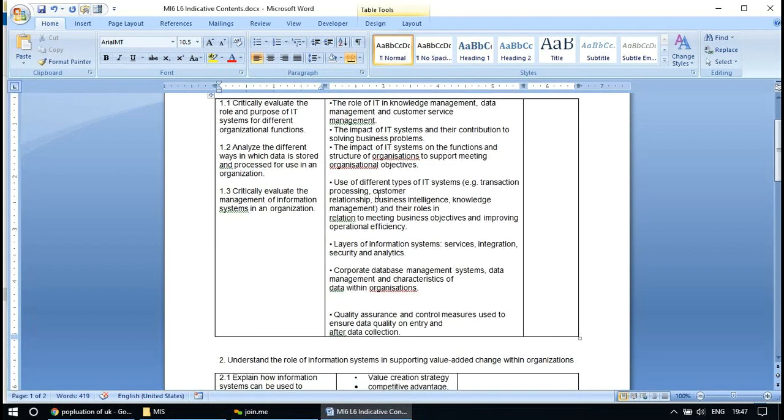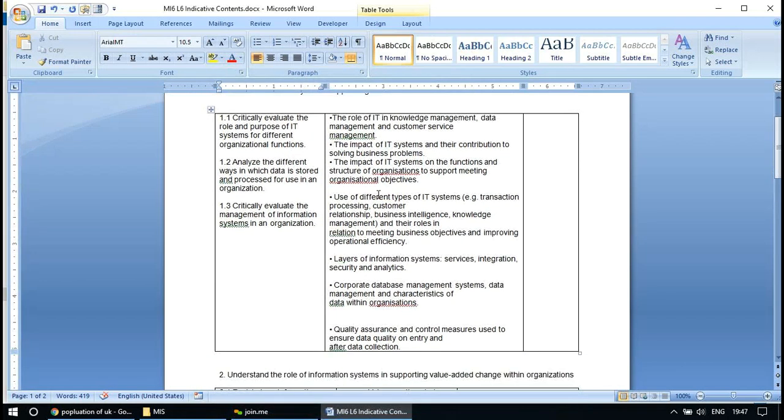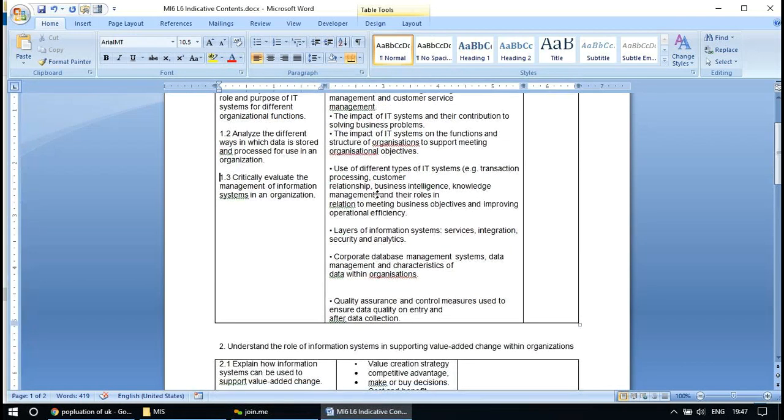In LO1 we discussed IT systems or information systems as well as databases, and we also discussed quality assurance, that is, how to evaluate the existing standards of information systems. You remember? Yeah, we discussed it.